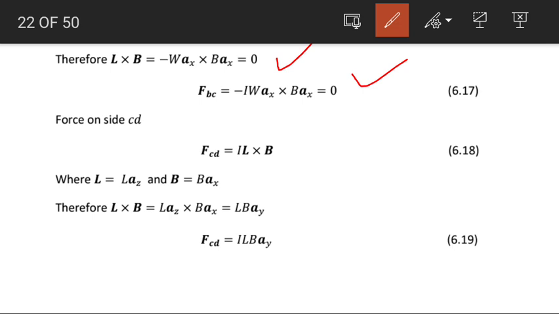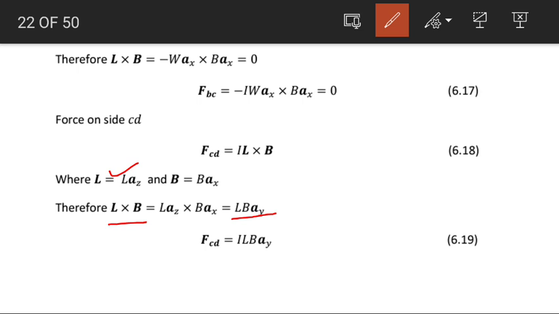So the force on side CD is given by equation number 6.18. The force on this side will be equal to IL cross B, and as the current in this side of the loop is in the direction of the unit vector az, the length vector will be considered in the direction of the unit vector az as well. So definitely L cross B will be equal to LB ay.